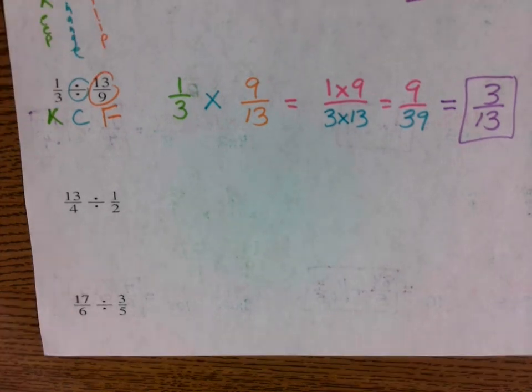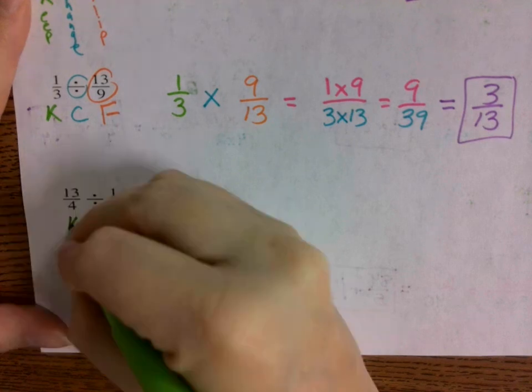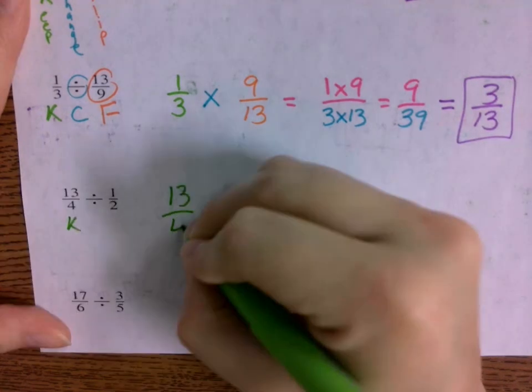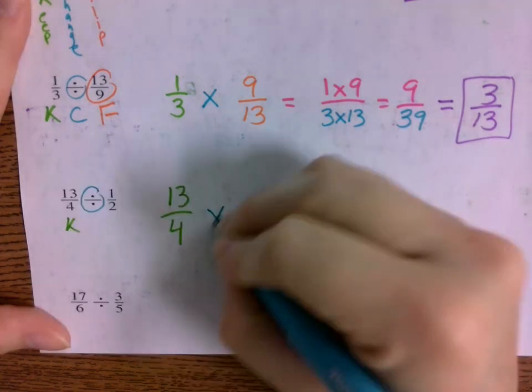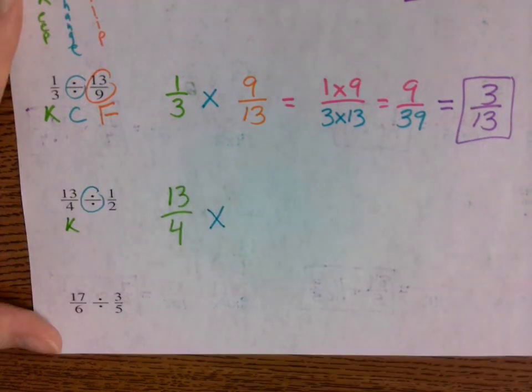Okay, let's take a look. For this one, we're going to keep the 13 over 4 just as it is. We're going to change division into multiplication, so it becomes times. Then we do the reciprocal. 1 over 2 becomes 2 over 1.